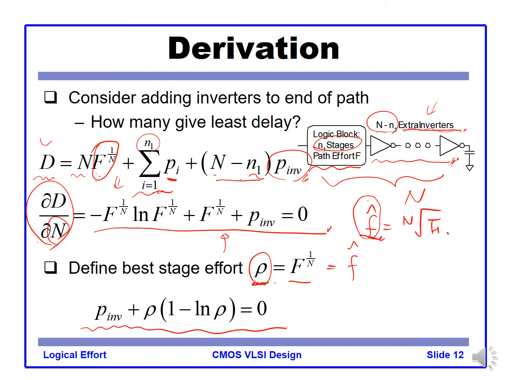So you want to find the rho satisfying that equation to find the minimum delay, right? From this equation we want to find the n that minimizes d, right?